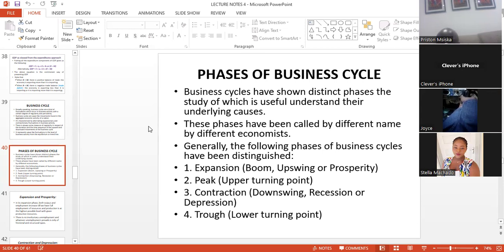So in general, these activities for these businesses which have started and grown and become mature will also reflect the activities in the general aggregate economy.